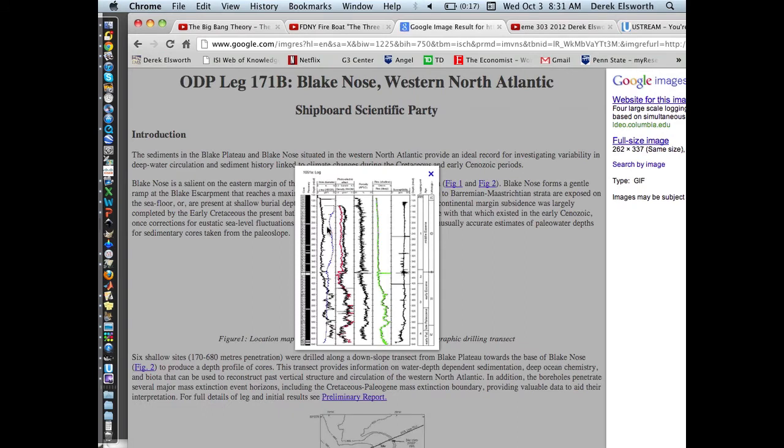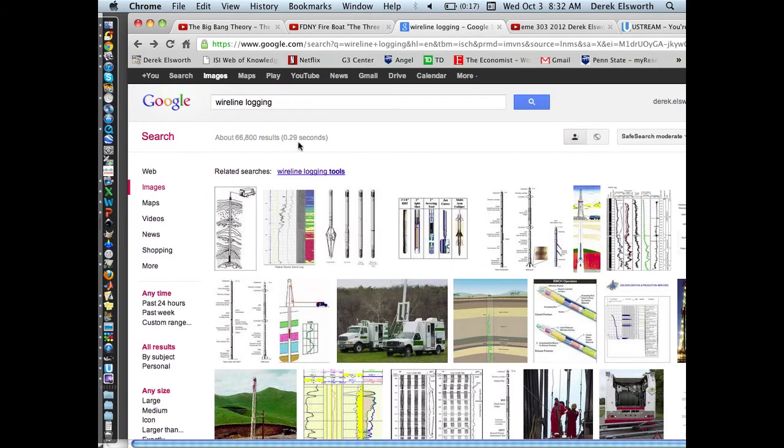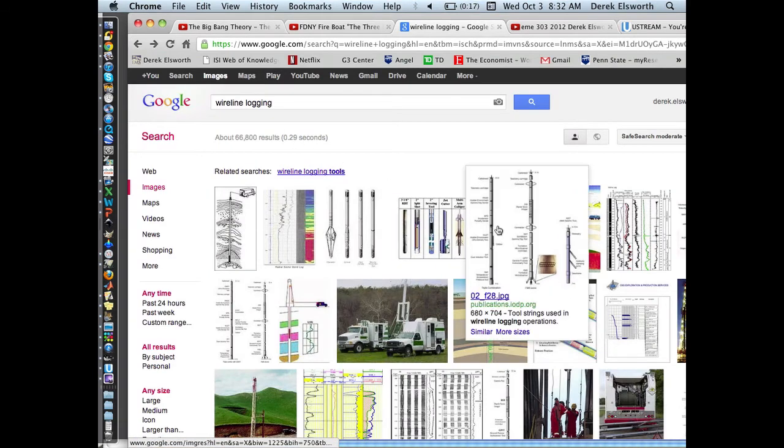The log would be measuring porosity change with depth, fluid velocity change with depth, and gamma ray count, which is analogous to the amount of shale or clay in your rock. It's really quite a sophisticated analysis that can be applied, but it's useful in our particular case because there's a moving frame of reference.